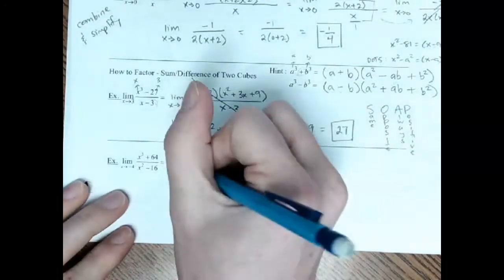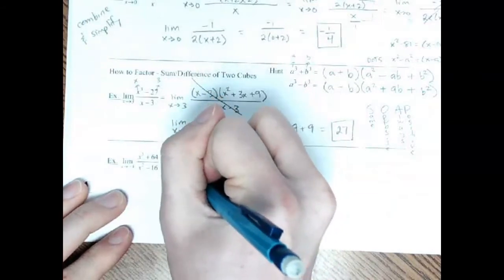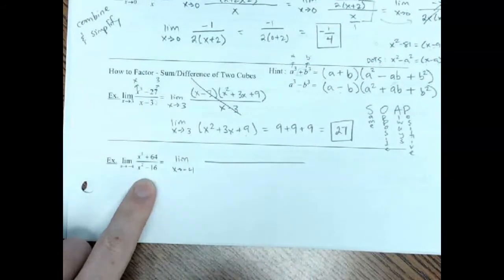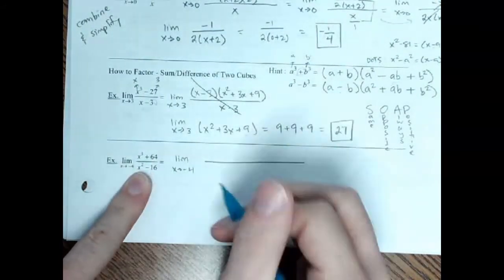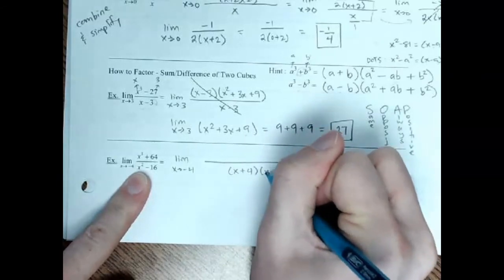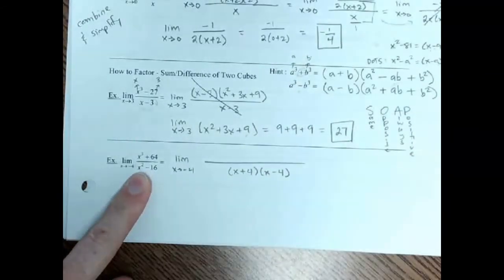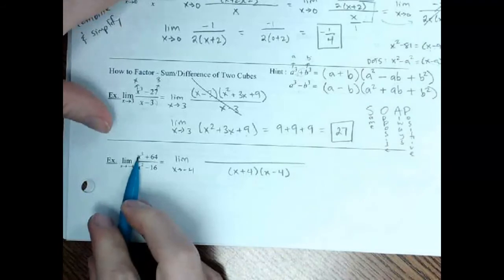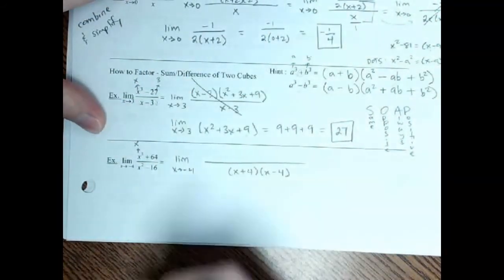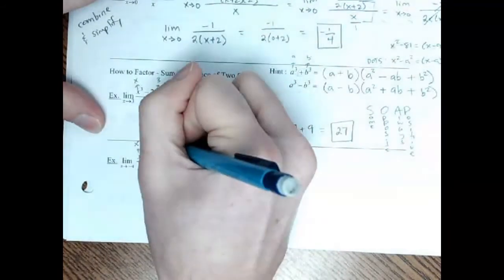Let's factor it. Here, the denominator, I can factor. That's a difference of two squares. So that's going to factor into x plus 4, x minus 4, right? It factors into conjugates. And then here I've got the sum of two cubes. So the cube root of x cubed is x. The cube root of 64 is 4.